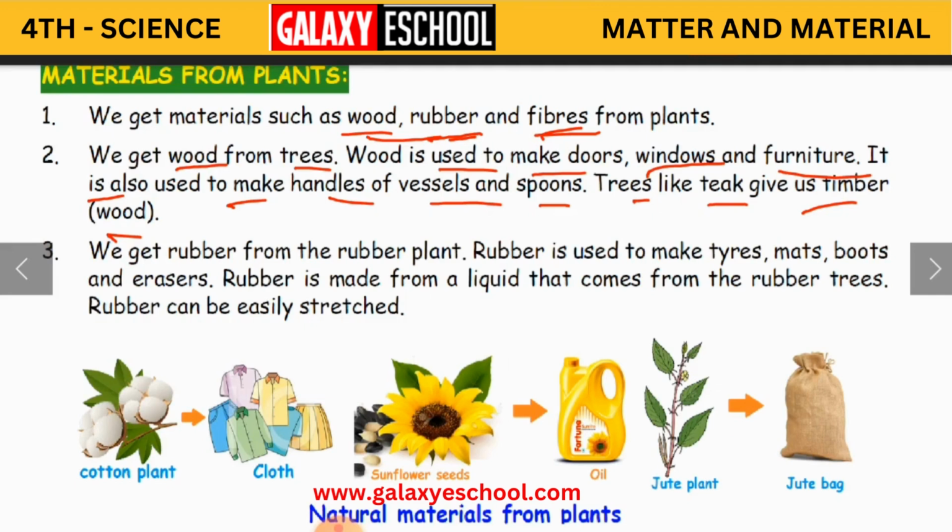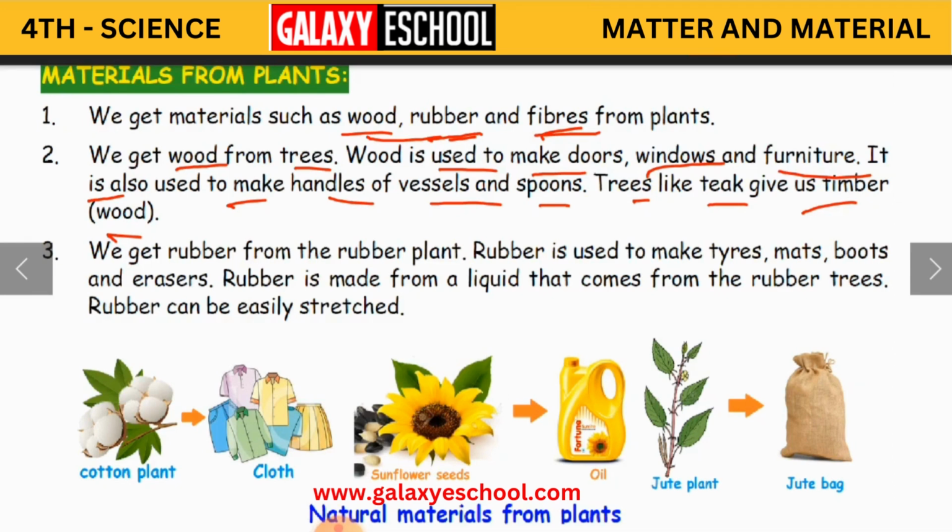Even doors and windows are also made of wood. And in the kitchen also we use wood, especially for the handles of some vessels, and even wooden spoons. Why? Because wood is not going to absorb much heat. So for safety we use wooden spoons and wooden handles for the vessels.